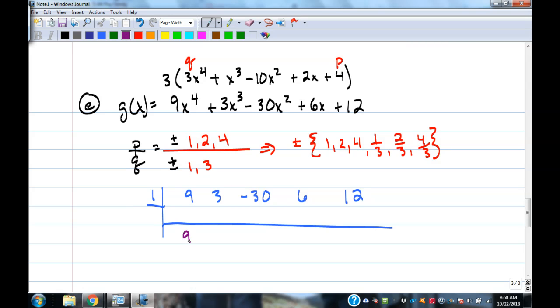Remember, we've got to put a 0 in that place. And there I get a 0 as the remainder. So we know that 1 is a 0.